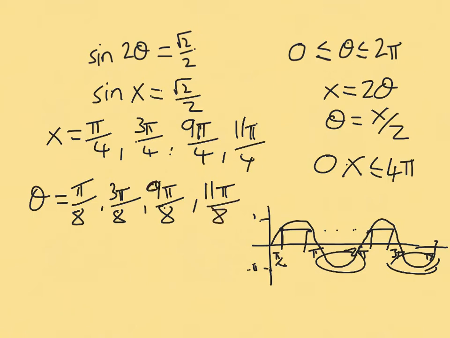And that gives us our 4 solutions to this problem. So simply changing the variable from 2 theta to x helps. And then at the end, we put everything back into theta.